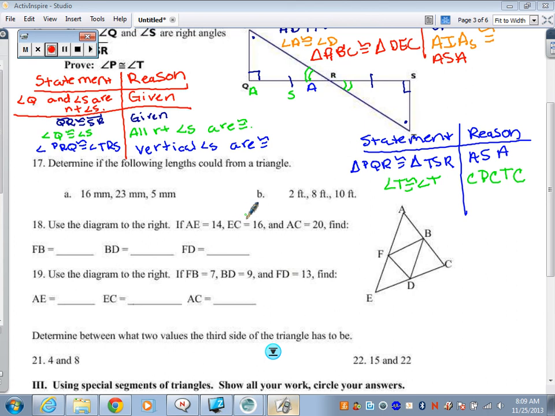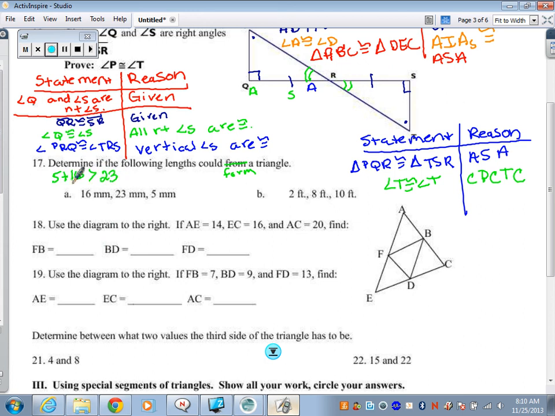All right, next one. Determine if the following lengths could form a triangle. First of all, we know that if you add the two smaller sides, so 5 plus 16, they must be larger than the third side.